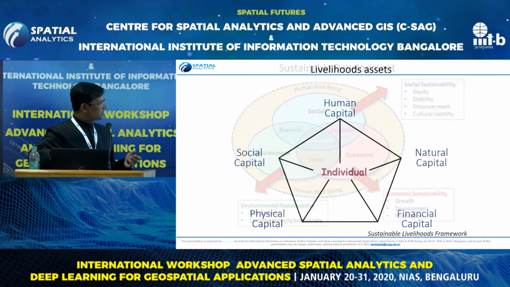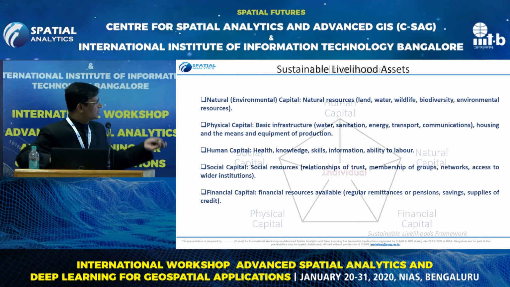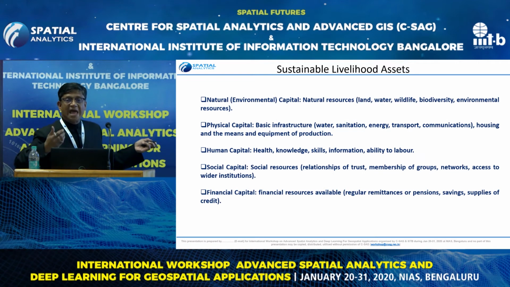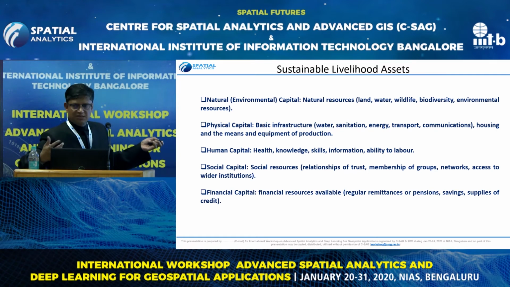In that context, what is important is the livelihood assets of the people. From the point of view of the livelihood system, there are five capitals: social capital, human capital, natural capital, physical capital, and financial capital. As a user of geospatial technology, you can collect natural resources and physical resources spatially.